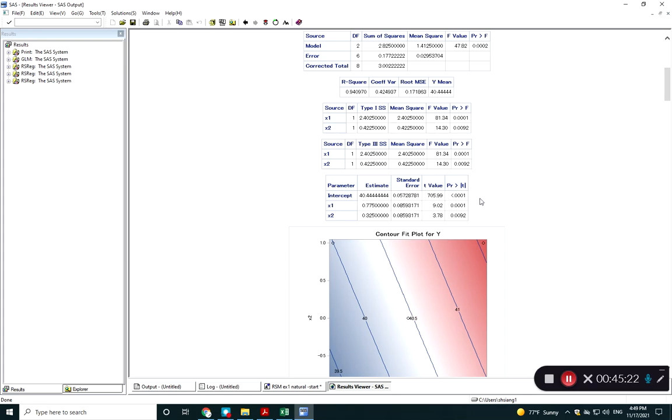So the regression here is 40 plus 0.775 times x1 and 0.325 times x2 plus the noise. Agree? Okay. So what does it mean? Every unit of x1 can improve y by this much, and every unit of x2 can improve y by this much.